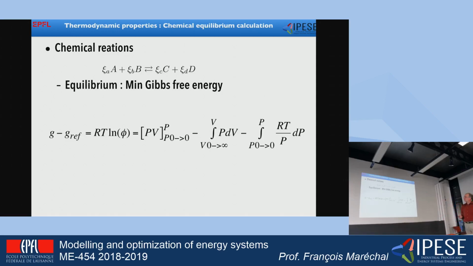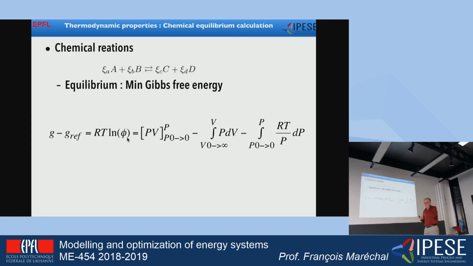The equilibrium being the place where the Gibbs free energy is minimum. Okay, it will go back to the equations that you know from the past, but this can be calculated directly by using the properties of the equation of state and the parameters.